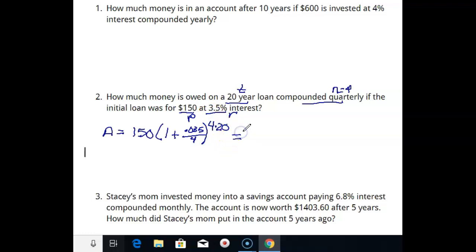Again, simplify as much as you can. 1 plus 0.035 divided by 4 is 0.00875 exactly, raised to the 4 times 20, or 80.